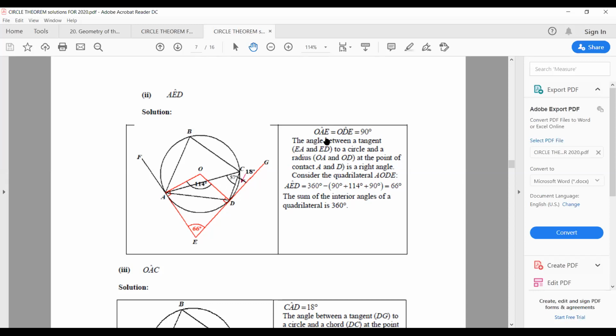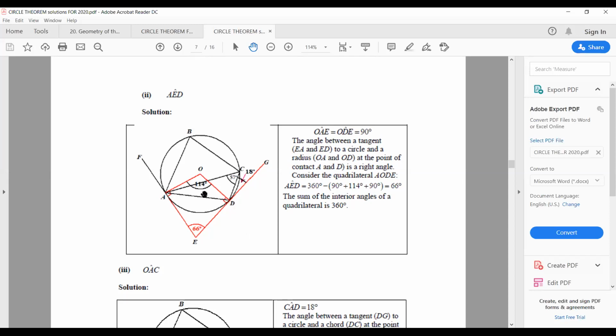OAE is equal to ODE, right? So the angle between a tangent, which is EA and ED, to a circle, and the radius OA and of course OD at the point of contact AD is a right angle.